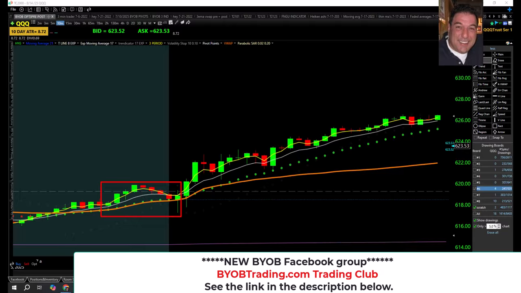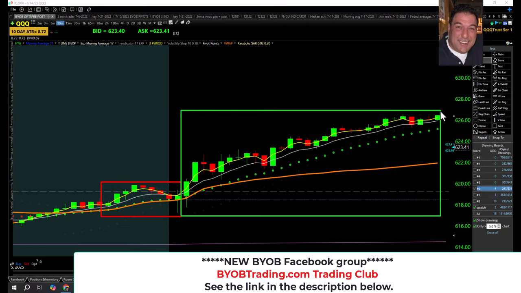Then green comes in, and you can see where green just wipes it out, like right there. And where's your entry? You can see the tops of this right there. So the entry is right there, right as green erases the high of this pullback.